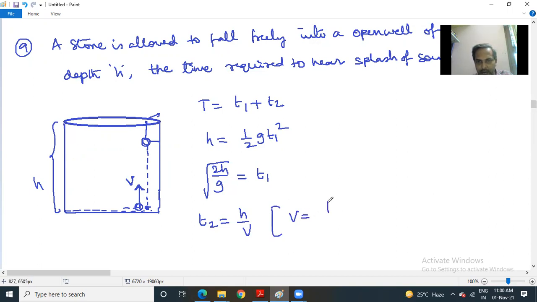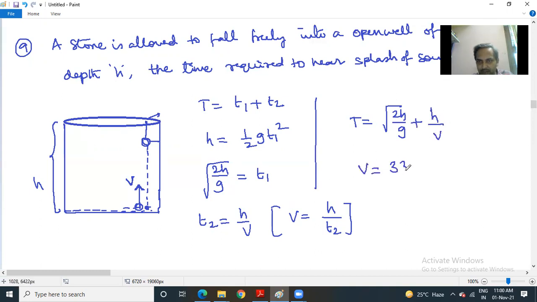Here the distance is the depth of the well, for which the time taken is T2. So T2 will be h by v. Now the total time is T1, which is the square root of 2h by g, plus T2, which is h by v. In general, we take the speed of sound as roughly 330 meters per second. So these are the applications of equations of motion when a body falls freely. In my next session, I'll continue with a few standard numericals based on equations of motion for a freely falling body.